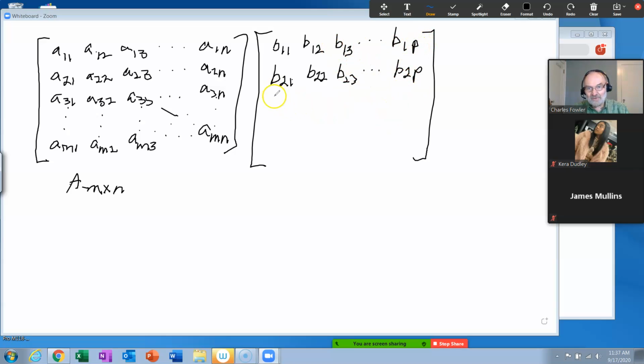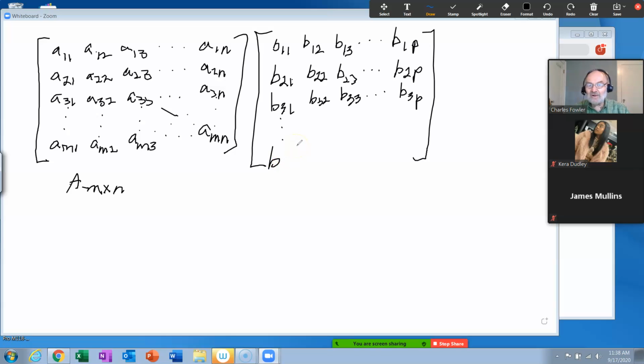We haven't gotten to the rows yet, but we'll get there. B sub 3, 1, B sub 3, 2, B sub 3, 3, and we'll dot, dot, dot until we get out to B sub 3P, and then we'll dot on down there until we get to B.